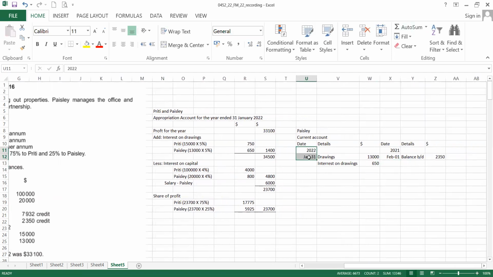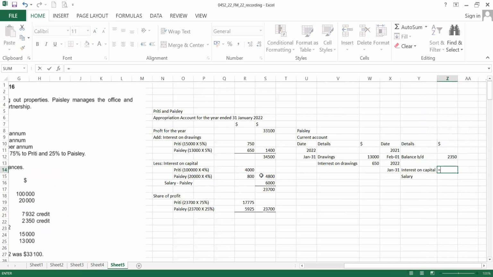And then on the credit side, interest on capital, salary. Interest on capital is 800, salary is 6,000, and share of profit is this one. Now we calculate the total.